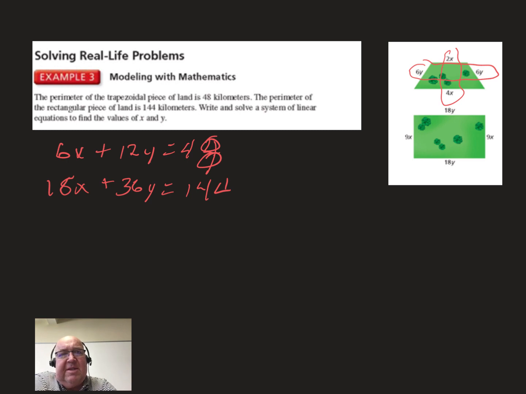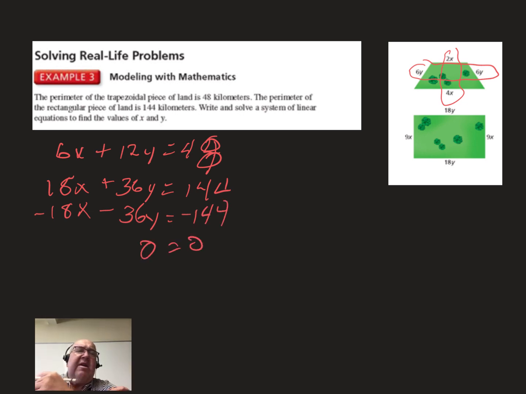I'm going to multiply the top equation by negative 3 to solve or try to eliminate my x values. Minus 36y equals negative 144. I end up with 0 equals 0. So what's that mean, that there's many solutions to this? I'm going to take that first equation and put it in slope-intercept form real quick after I write many solutions.